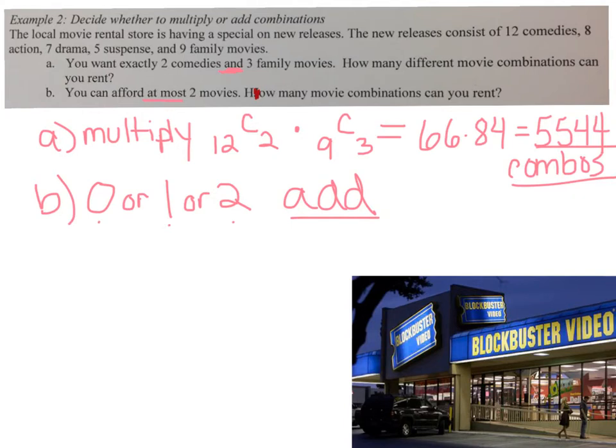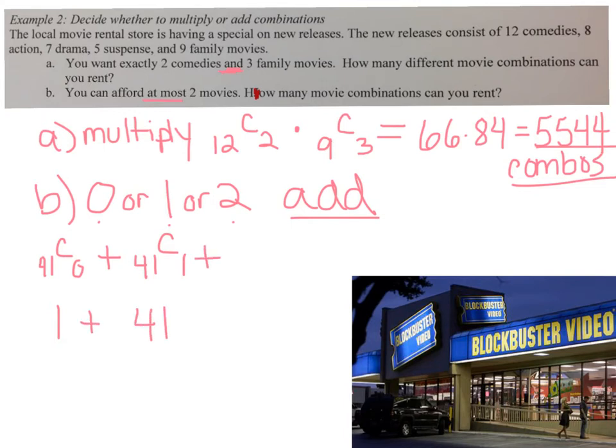So if we don't buy any movies, out of 41, we're going to do combinations of none. And if you punch in your calculator 41C0, you get 1. There's one way that you can buy no movies or rent no movies. Then we're going to add that to 41C1, the combination of 1 out of 41. And there are 41 different ways that you could get 1 movie.